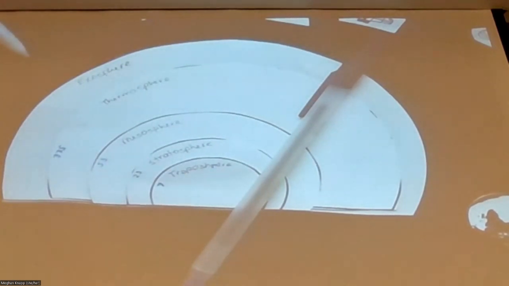Now these can vary a little bit. The mesosphere goes up to about 53 miles. And then the thermosphere is huge, so it kind of looks like it's just a little bit bigger than the other stuff, but we jump from 50 miles to 375 miles.